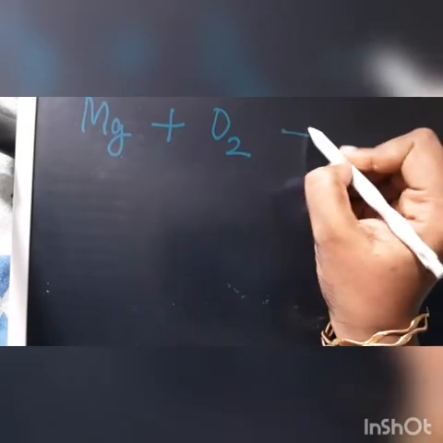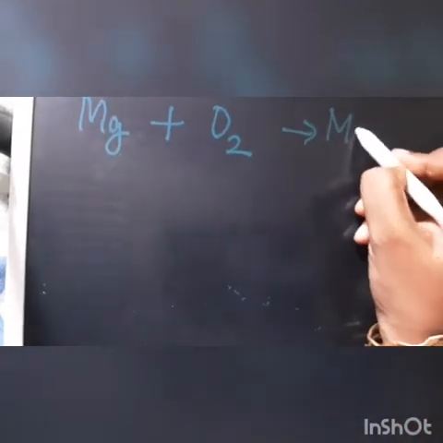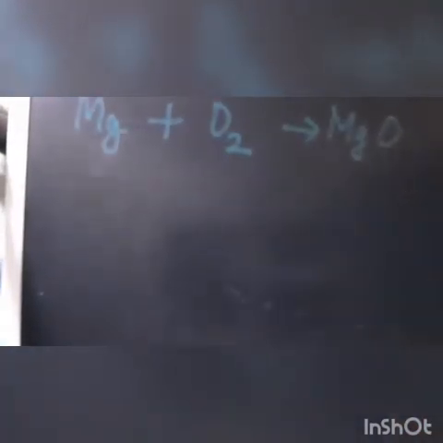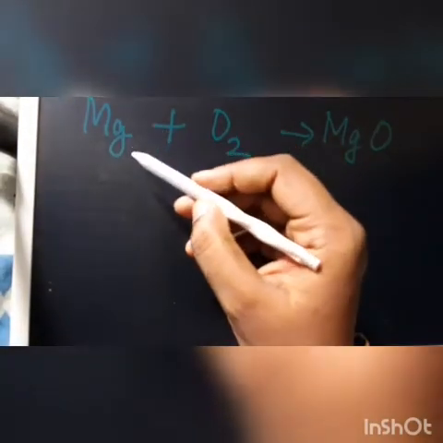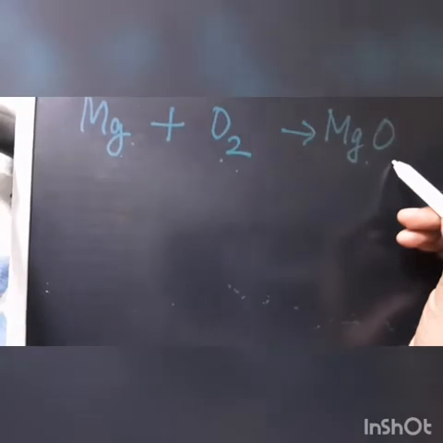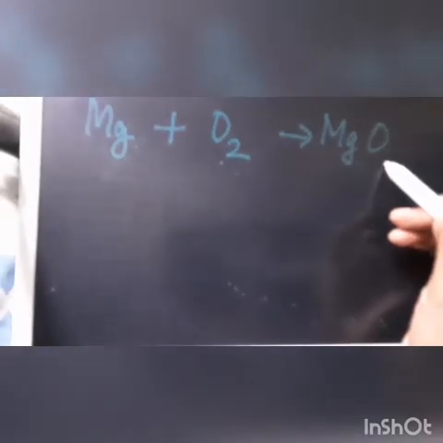In the first example, magnesium combines with oxygen in air, right? Giving magnesium oxide. Here you can see magnesium is only 1, here also 1, but here oxygen is 2 and here oxygen is only 1. So what will you do?